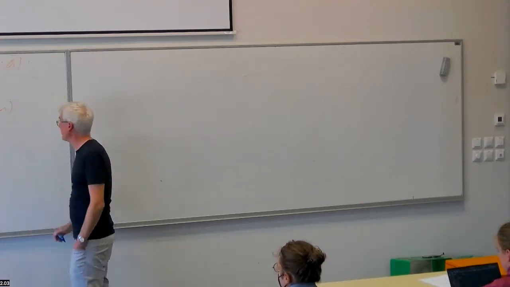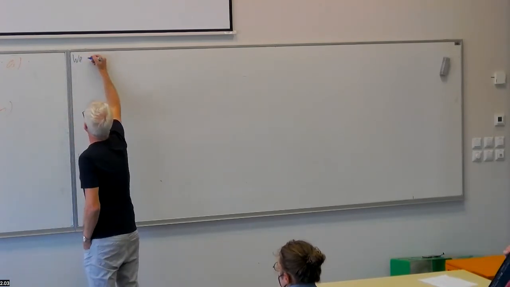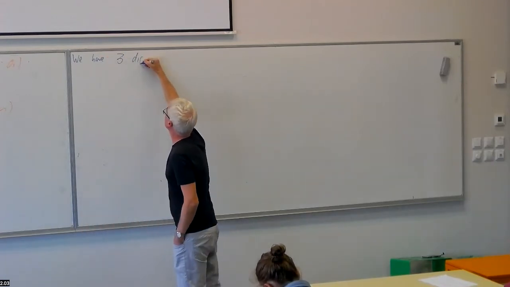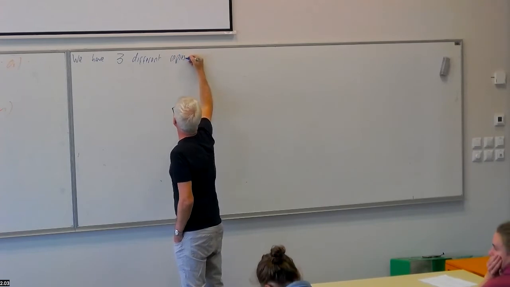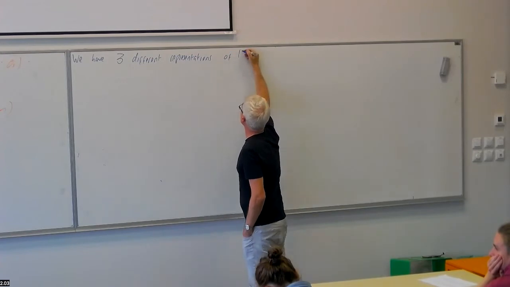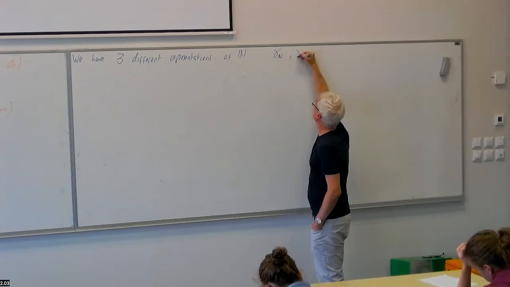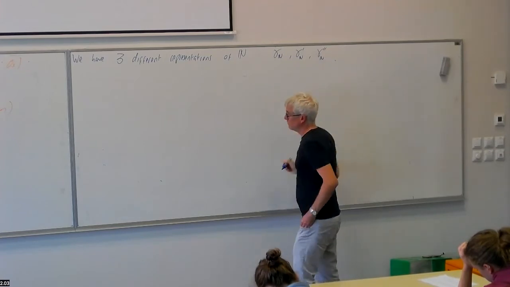You can think about some other ones if you like, but we have three different representations then of the natural numbers, namely gamma sub n, gamma prime sub n, and gamma double prime sub n.